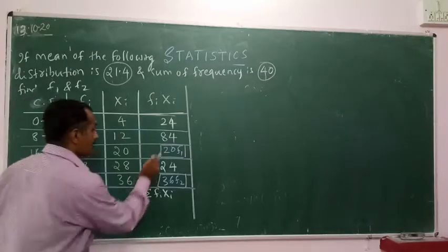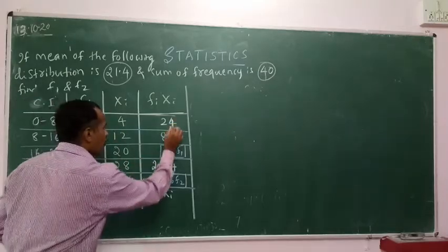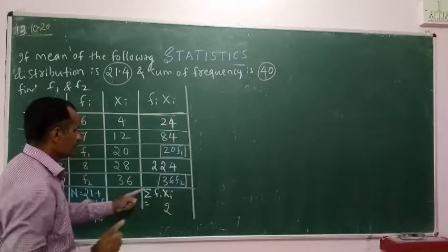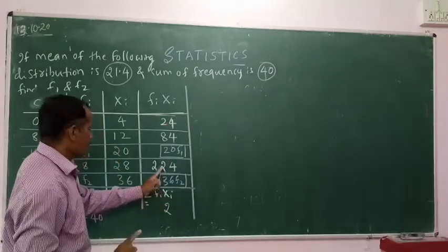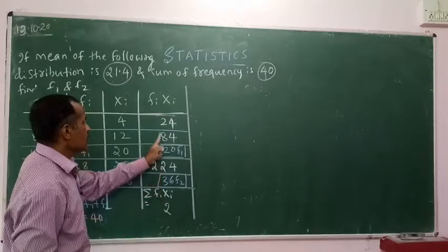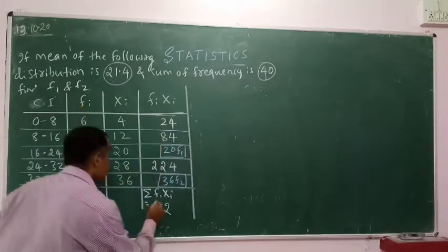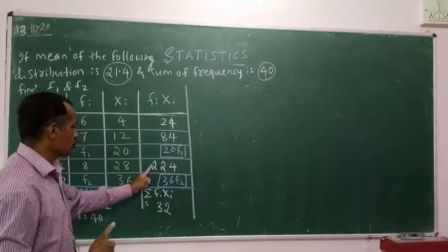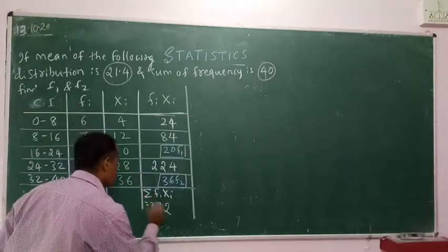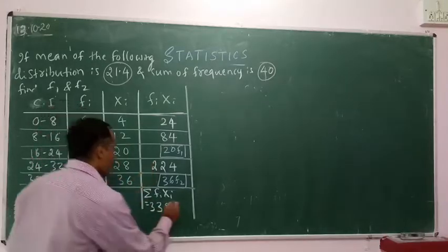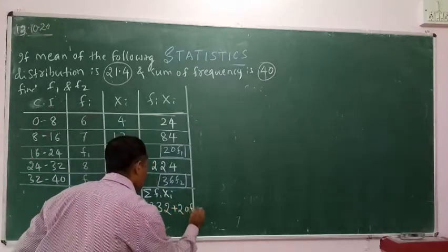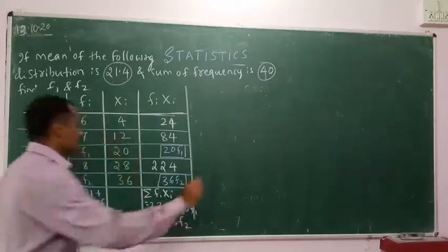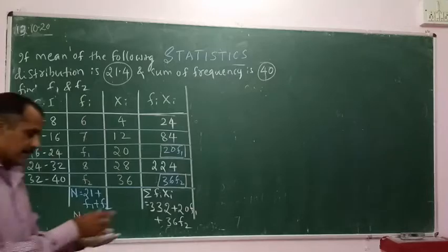What is the total, excluding 20 f1 and 36 f2? 24, carry 1, 2 plus 1 is 3, 3 plus 10 is 13, carry 1, and 2 plus 1 is 3. So 332 plus 20 f1 plus 36 f2 is the summation fi xi.